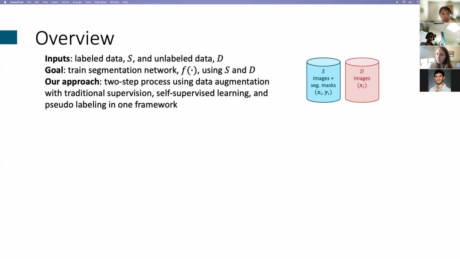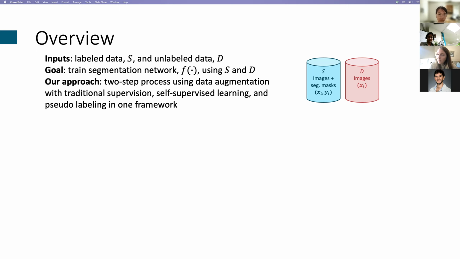So we combine data augmentation with a traditional supervised loss, with self-supervised learning and pseudo-labeling, all in the same framework. And we're certainly building off of past work here. A lot of people have explored data augmentation, self-supervision, and pseudo-labeling for segmentation before. And we're building on that past work to put them all into the same flexible pipeline to train segmentation networks.